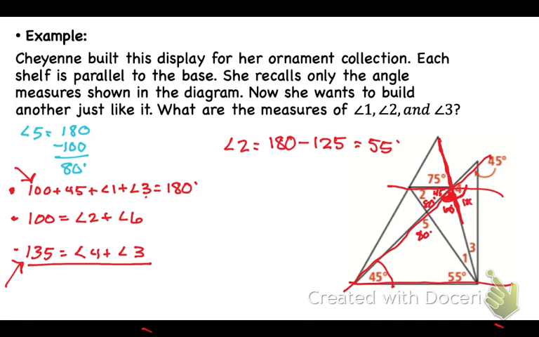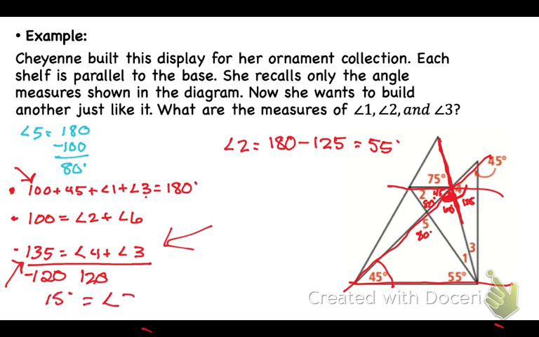So 4 is 120. And didn't I have an equation over here that I could plug that into? Do you see how writing down what I know, it might not be direct, but I can figure these things out? So if I know 4 is 120, and that is 45, so minus 120, that would be 15.